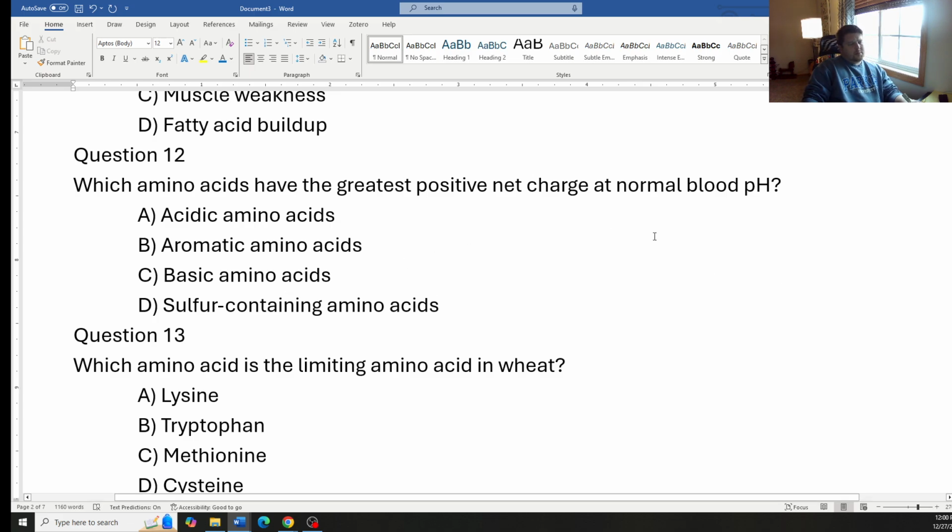This specific question we didn't go too deep into while we were going over the lecture material. It is our basic amino acids. The basic amino acids have a positive net charge at our normal blood pH.